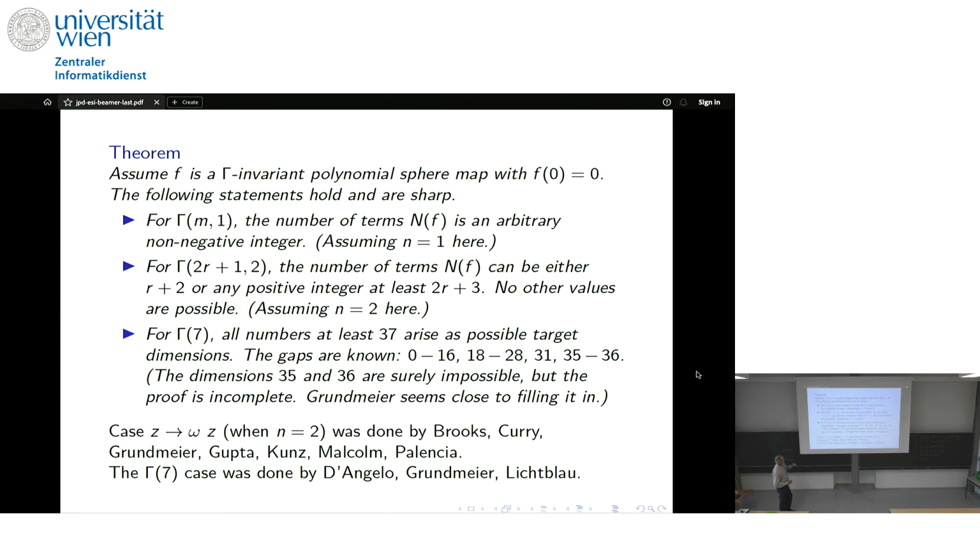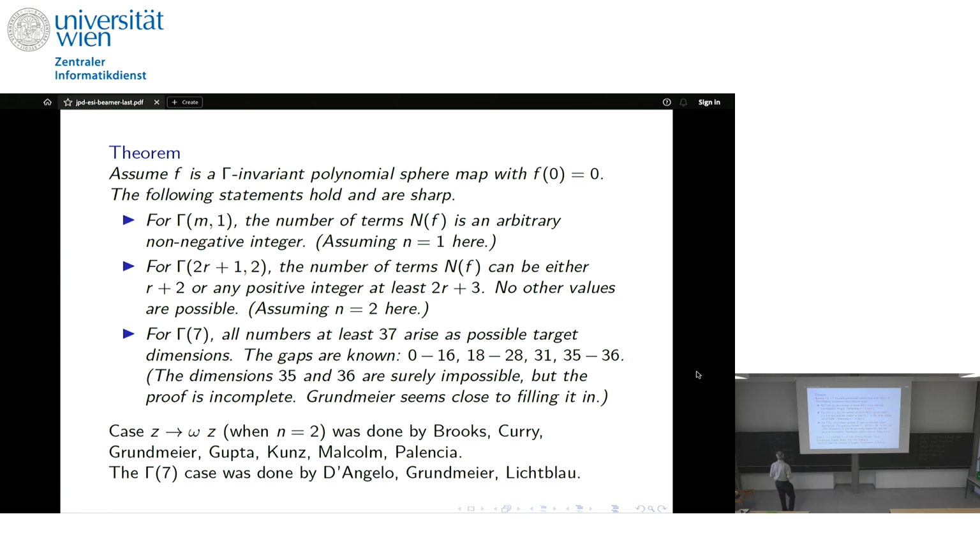I wrote down explicit maps in every degree except those numbers, going on to infinity, but sufficiently many that proves that it's true for all numbers, except my proof for 35 and 36 non-existence is not complete. And Dusty Grunmeyer seems to be very close to filling it in.